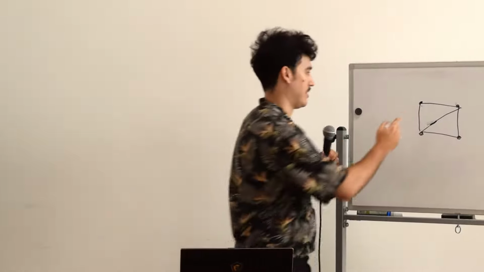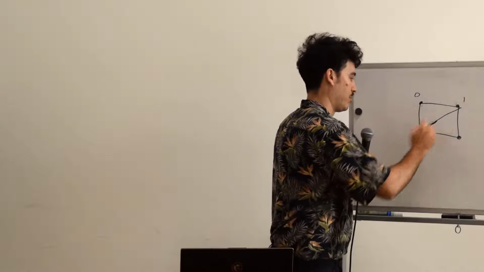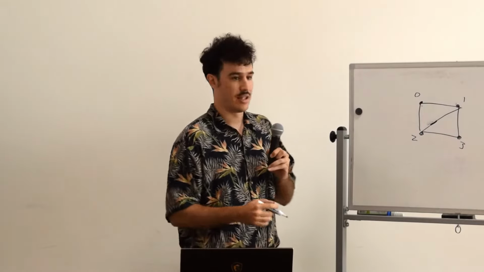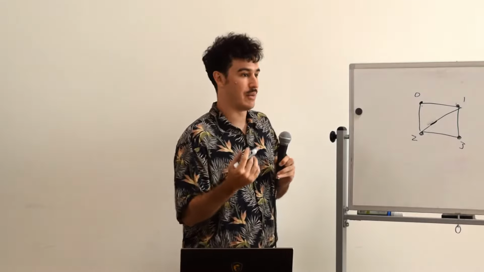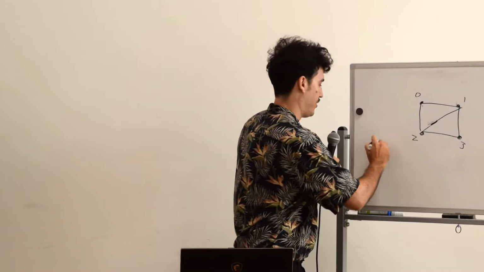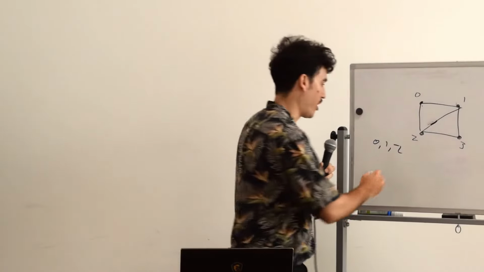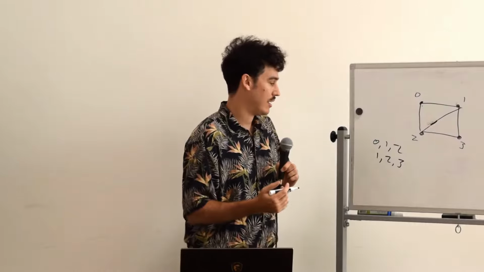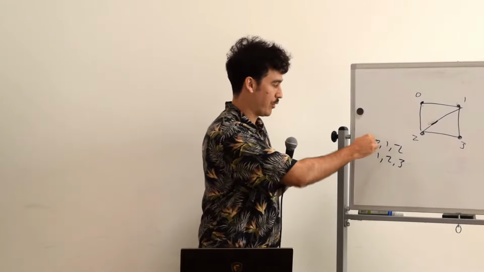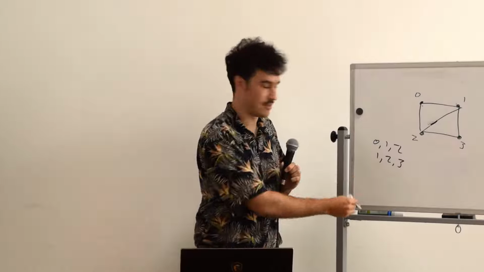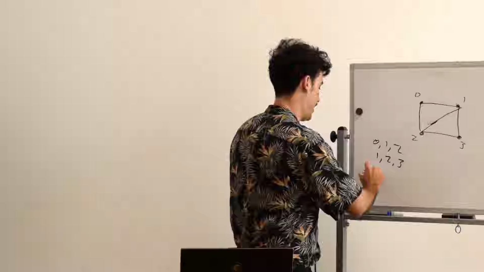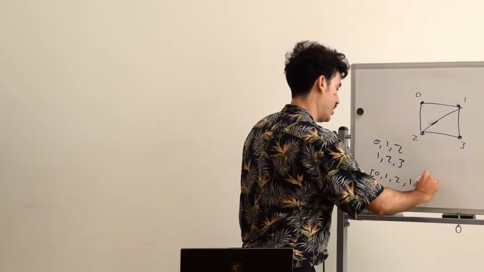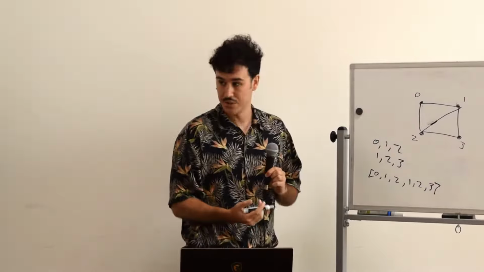Let's label these vertices: this is vertex 0, this is vertex 1, this is vertex 2, and this is vertex 3. Let's say that I'm not using an index buffer. That means we have two triangles, right? We have triangle 0, 1, 2, and triangle 1, 2, 3. You'll notice that vertices 1 and 2 are being repeated twice. So if we lay this out sequentially, we have the data for vertex 0, 1, 2, 1, 2, and 3, right?